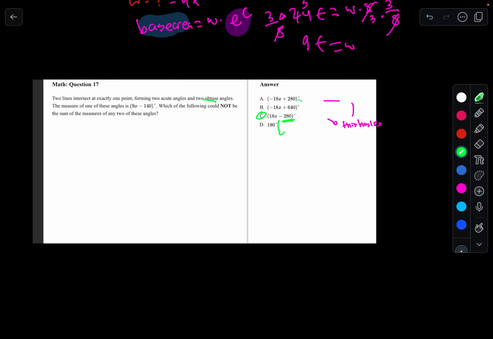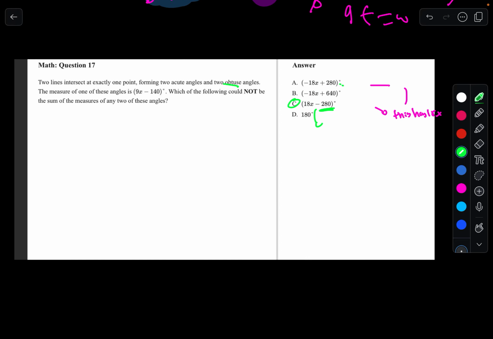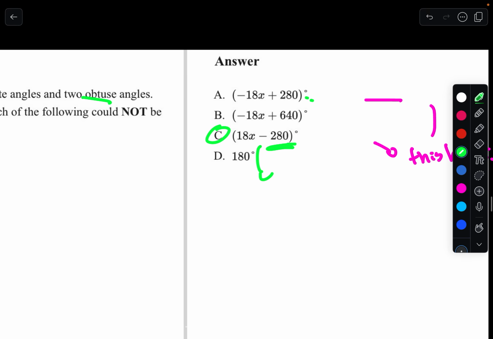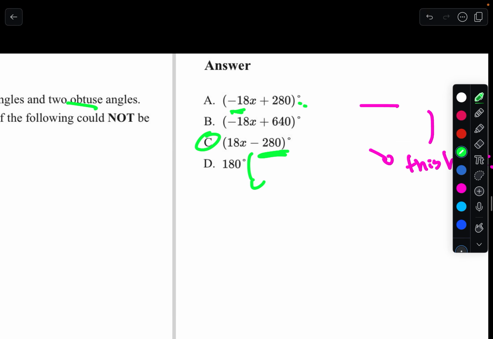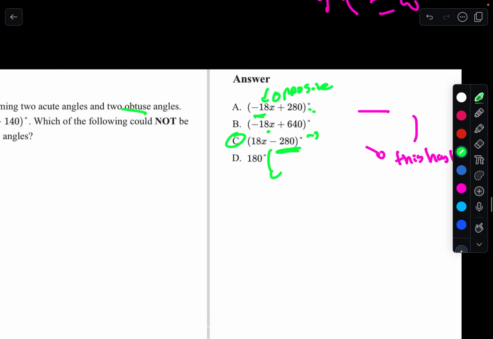I don't know how to explain that trick really easily, but it's just trying to find a trap answer, pretty much. This one could be seen as the opposite, because of the opposite sign of this one, and this one though has negative 18x.